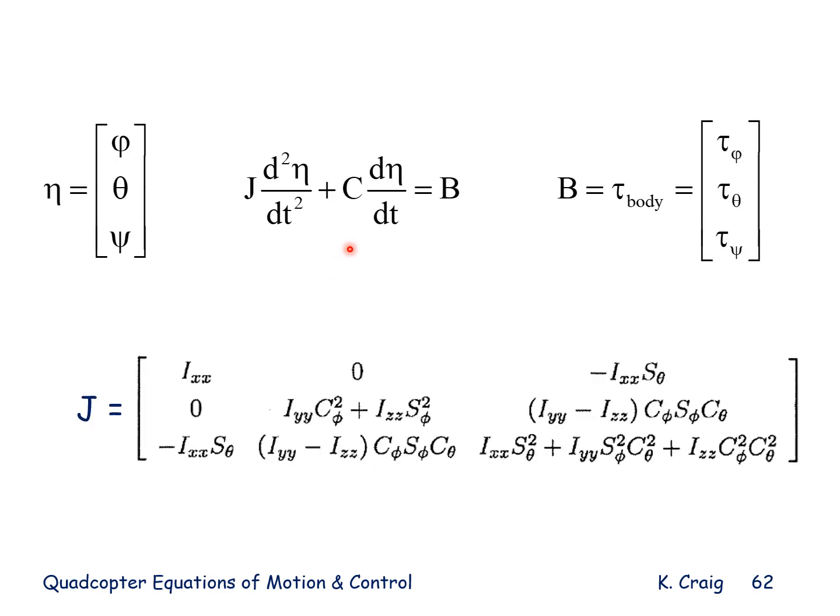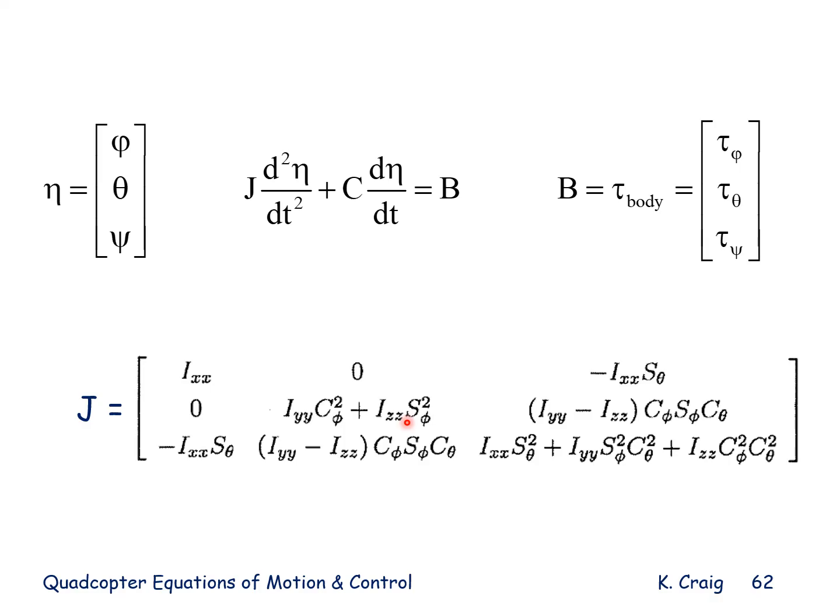Here are the three rotational equations of motion written again. Eta are my orientation angles, phi, theta, psi. B represents the column vector of inputs, the moments for roll, pitch, and yaw. Eta double dot are the angular accelerations. Eta dot are the angular velocities. And the J matrix is given by this matrix here.